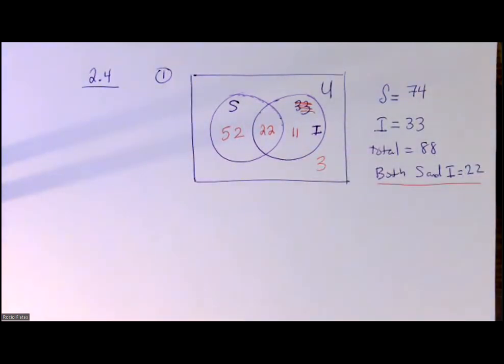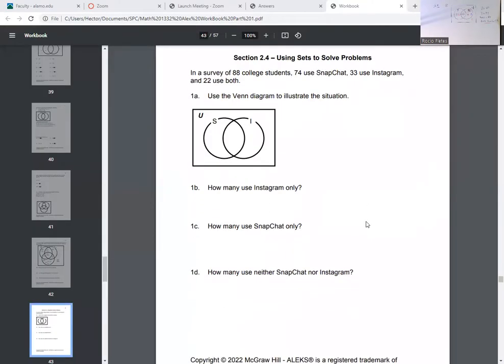Okay, now we can answer the question because now we have everything that we need. So we're going to go to the problem and answer the questions. How many use Instagram only? So Instagram only is the area that's an I, but outside of the overlap, the intersection of S and I, right?